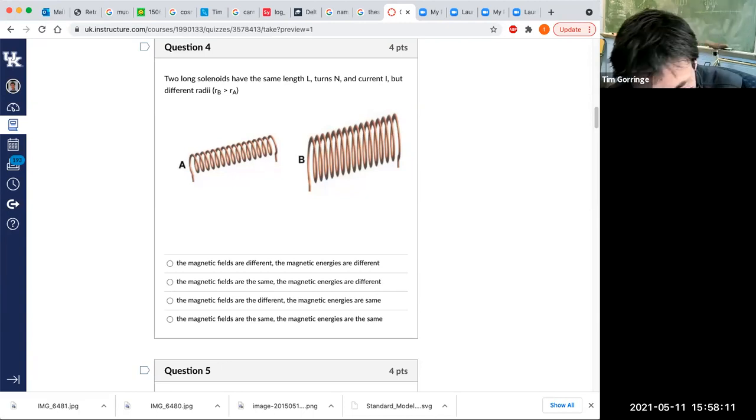So we've got to compare the strengths of the fields in the two solenoids and the magnetic energies stored by the two solenoids. And we've got to say whether the fields are the same or different, whether the energies are the same or different. So let's start with the fields.